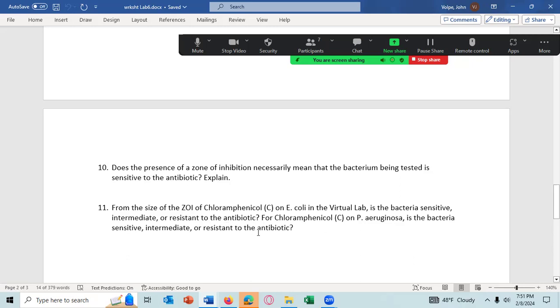And then for chloramphenicol on Pseudomonas aeruginosa, is the bacteria sensitive to, intermediate to, or resistant to that antibiotic?